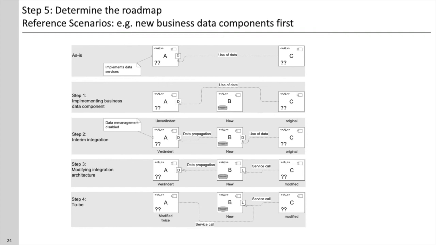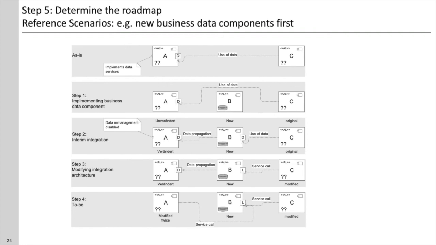Determining the roadmap not only means determining the stages, so the parts of the overall implementation that are taken into operation. It also needs to define the steps. And for the steps, it is interesting to know that one step internally may be decomposed into a number of typical sub-steps.